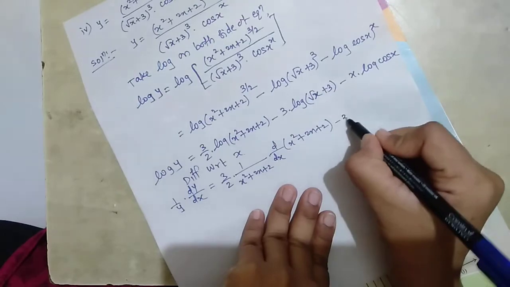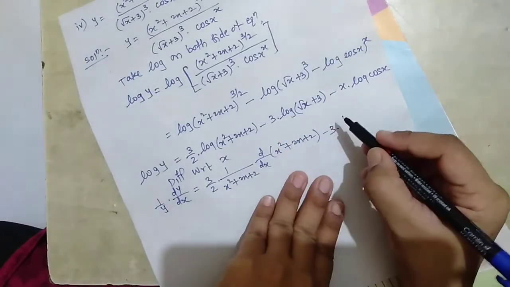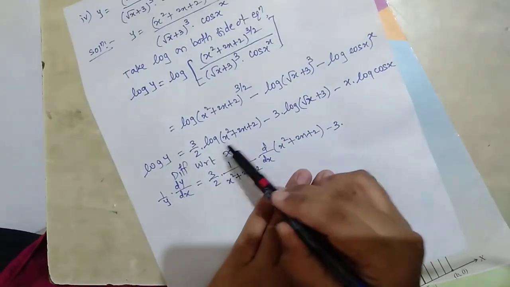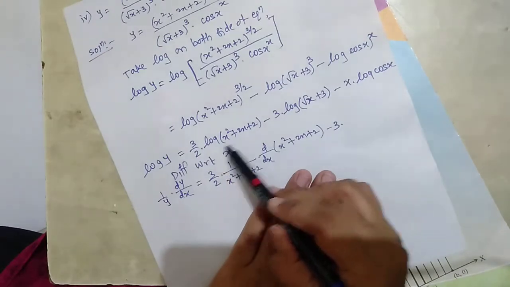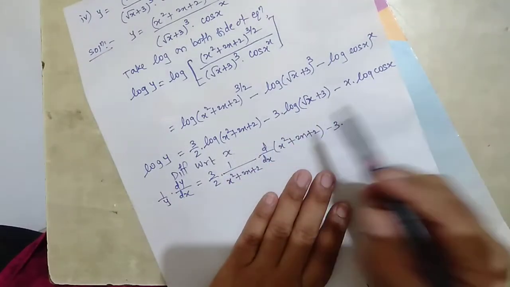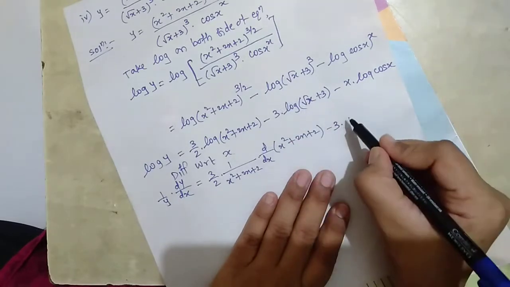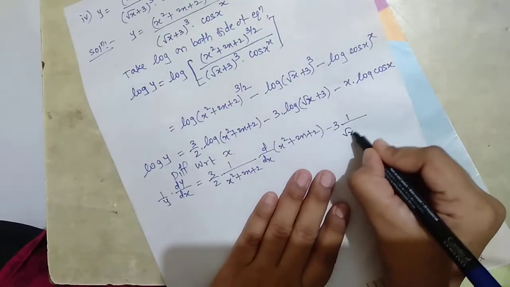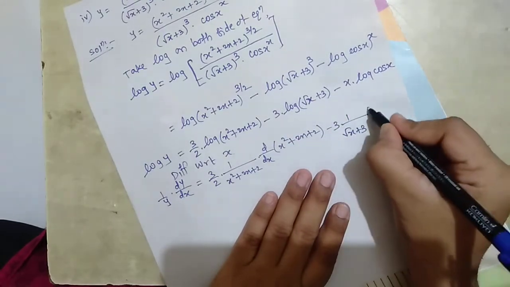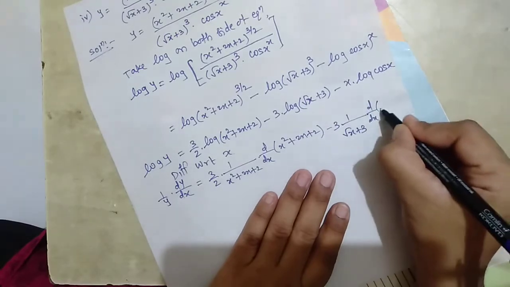Minus 3, again scalar taken outside. As we are finding the derivative of RHS, we will apply derivative to all the three terms. So minus 3, derivative of log is 1 upon root x plus 3 into derivative of root x plus 3.